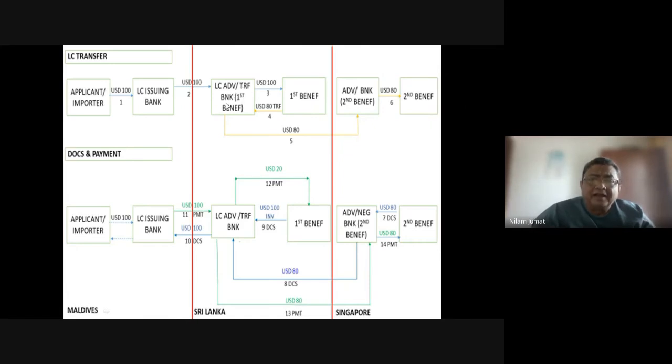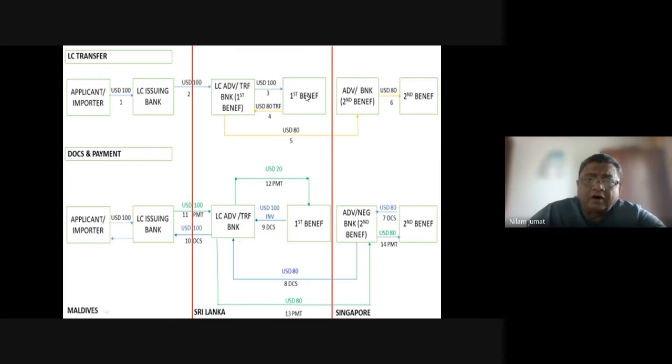People's Bank is advising the LC to number three: Hello, Mr. Banda, there's an LC for you from Ali through his bank, Bank of Ceylon Male, for $100, covering 10 ACs at the rate of $10 an AC. Can you see that?